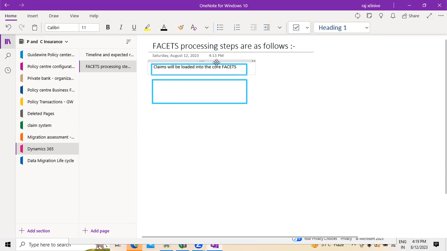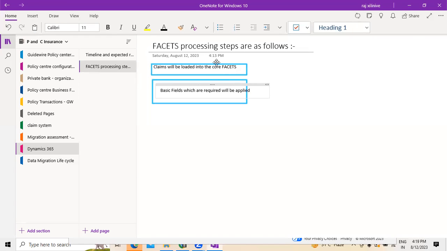Right. So here, the basic fields which are required will be applied, right?